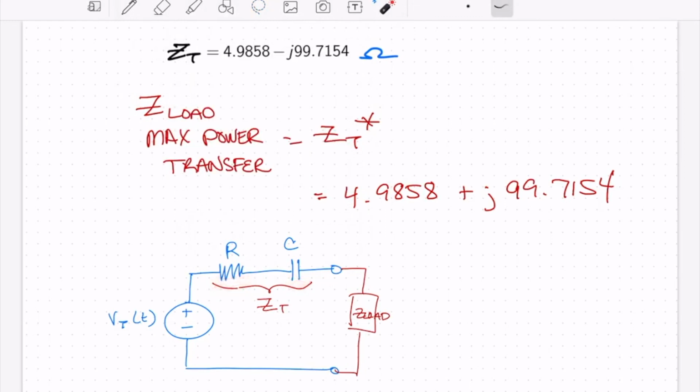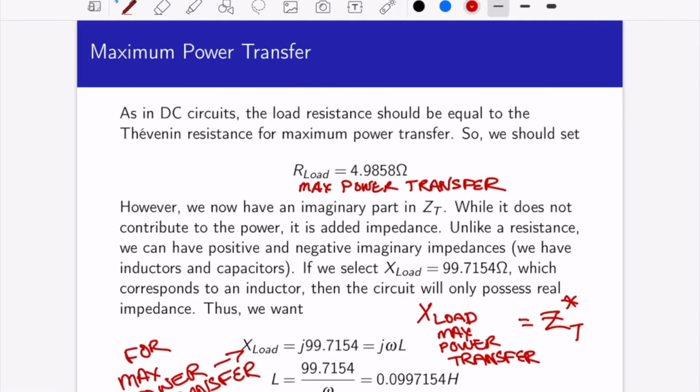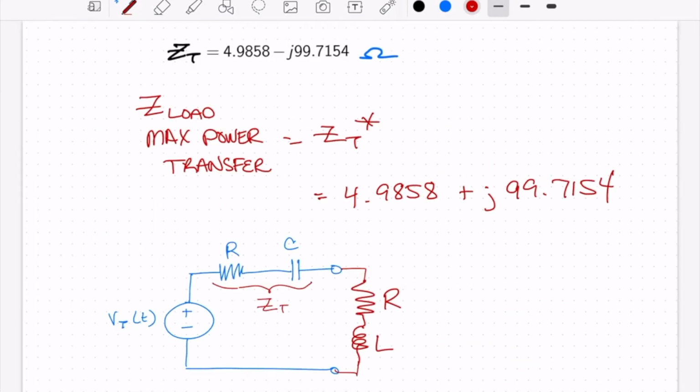Okay, and then for the Z load, you can go ahead now and write in a resistor and an inductor. And that resistor value will still be R, and the inductor value will be what we found on the previous page. What was it, about 99 millihenries. Okay, so when we do this, this is for maximum power transfer.